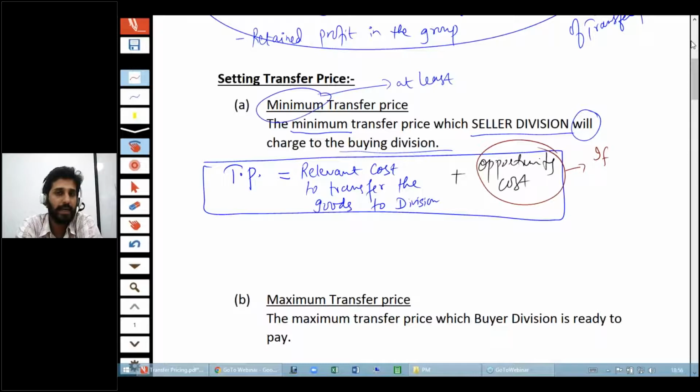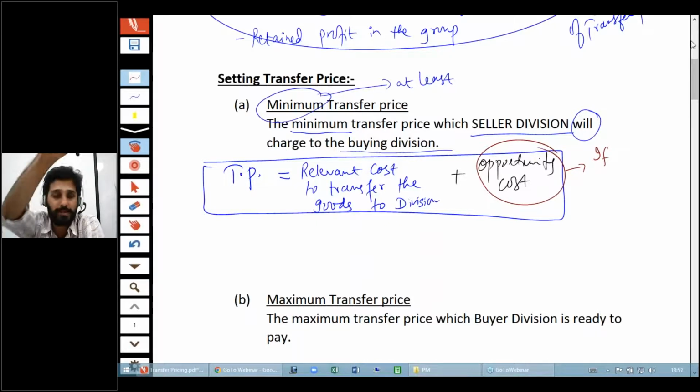You are not giving me at a nil consideration, you are charging me the money. So you are a seller and I'm the buyer. I am asking for this product, and you are thinking that if this product will be supplied to the buying division, you will lose your external sales.